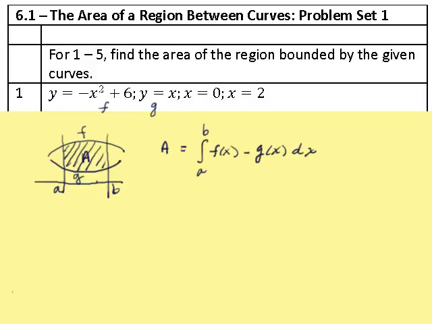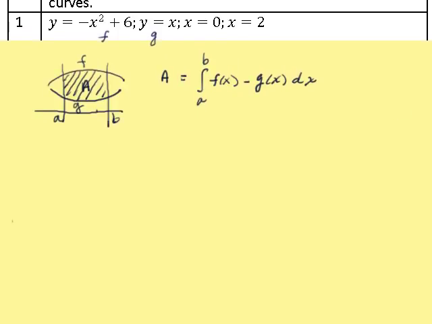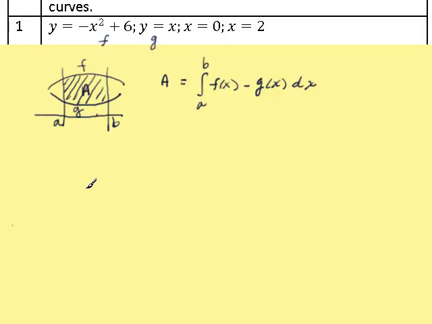That is assuming the curves don't intersect in the middle, and we can see that they don't by actually finding the intersection points. In any case, to start with though, let me draw the graph since this is an easy one to graph. Minus x squared plus 6 is the curve minus x squared lifted up 6 units, so it looks something like this.